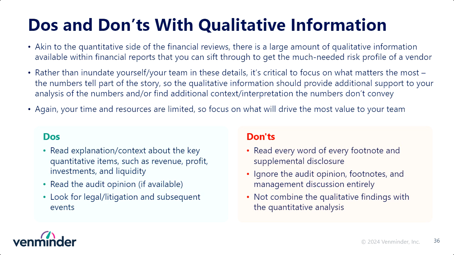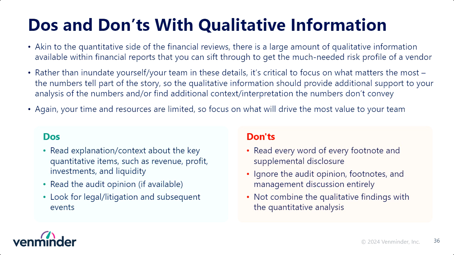So once you have enough of that information or best practice information available, just search for those directly. But focus, if you're strapped for time, on the audit opinion and then those trends and those legal and litigation items, because those are your best bang for your buck in terms of getting enough of a risk profile on the vendor's qualitative side. Definitely don't read every footnote or supplemental disclosure because it's very time consuming.